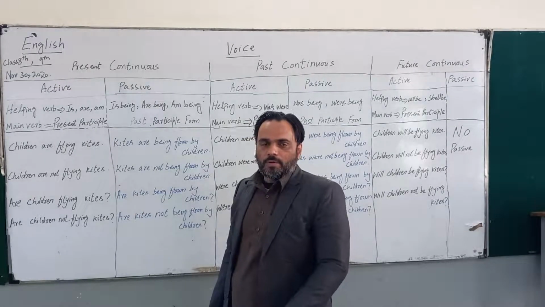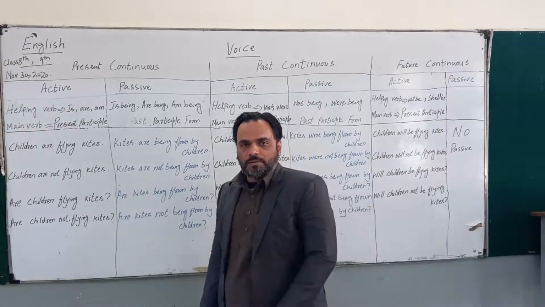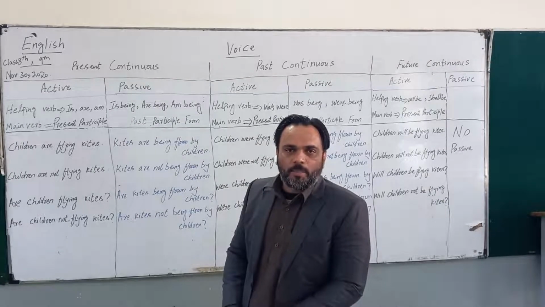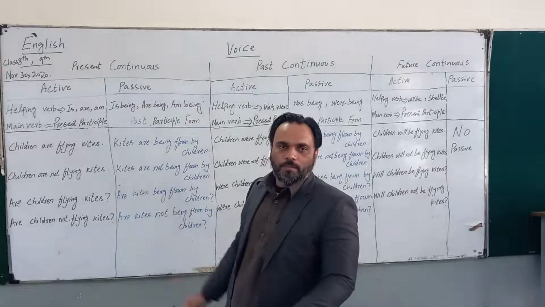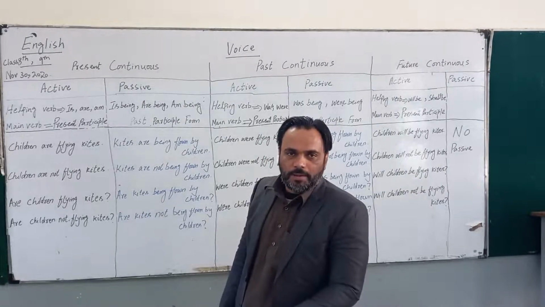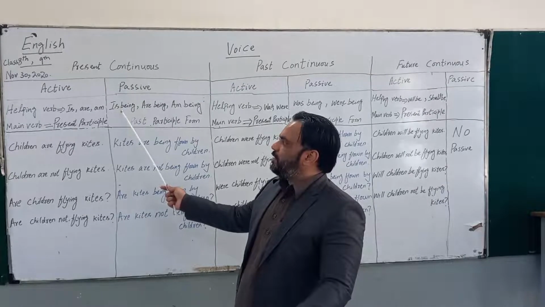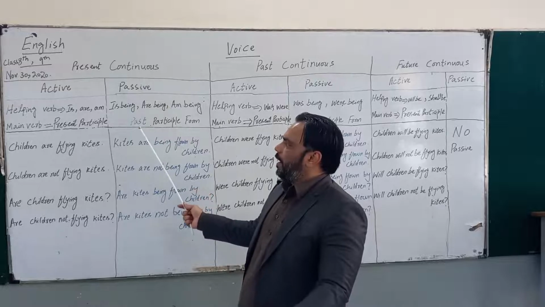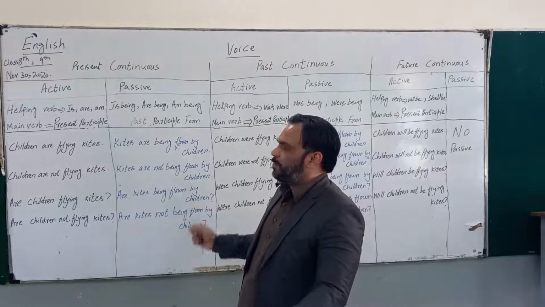I hope you know what the present participle form is. Yes, the ing form that you used to call, whose proper name is present participle form. In passive voice, we use is being, are being, am being, and as far as main verbs are concerned, we use the past participle form.